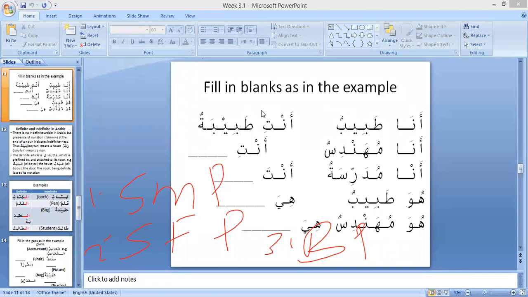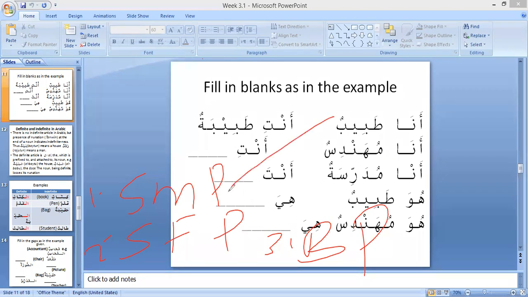This stands for sound masculine plural, sound feminine plural, and broken plural. Don't read BP as British Petroleum. These two, the sound masculine plural and sound feminine plural, have formulas.